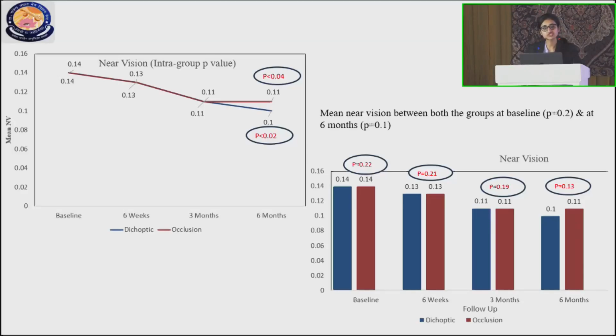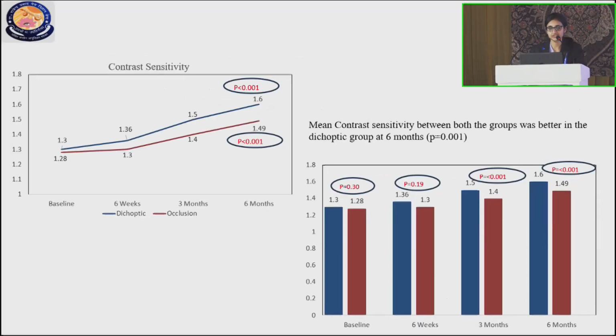The near vision also improved in both the groups from baseline with p-value 0.2 to 6 months, although the intergroup p-value was not significant. The contrast sensitivity, as you can see in the dioptic group, improved from 1.3 to 1.6 with a significant p-value, and in the occlusion group also it improved with a significant p-value, but between both the groups it was better in the dioptic group at the end of 6 months.